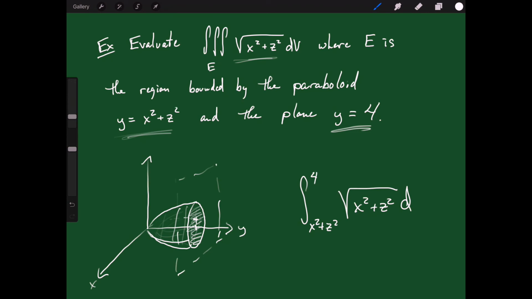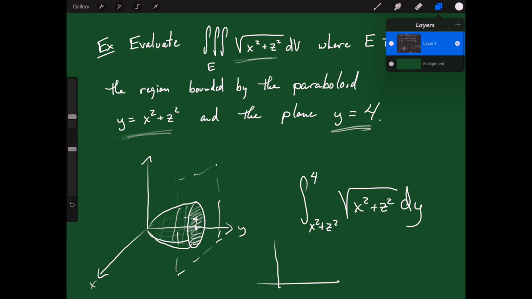These are both y equals surfaces, so dy. But now I need to integrate from a function to a function in which plane?